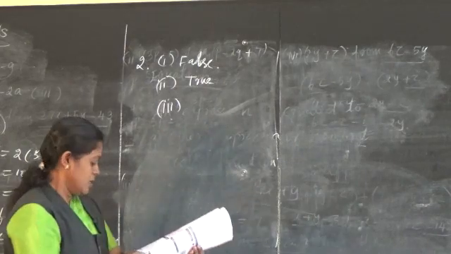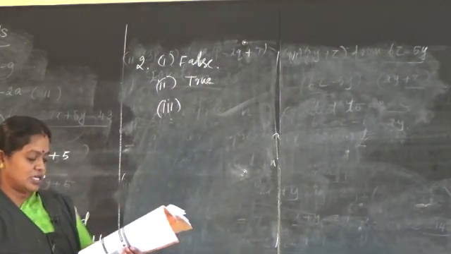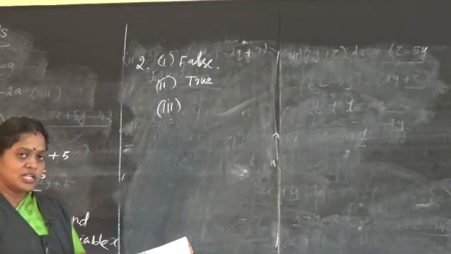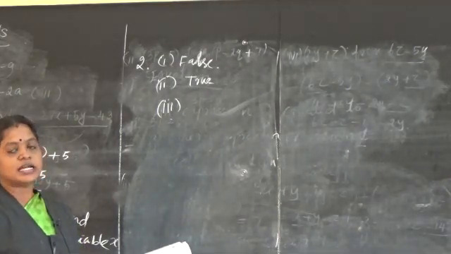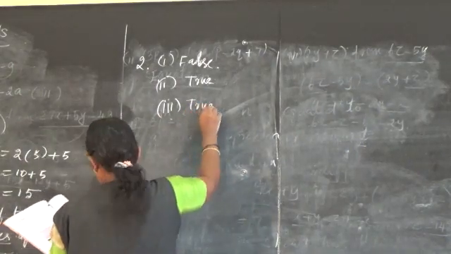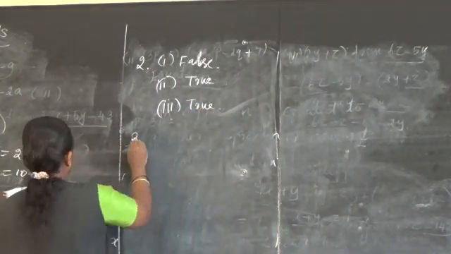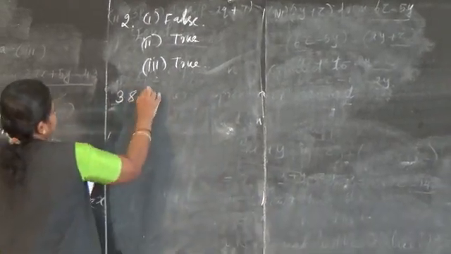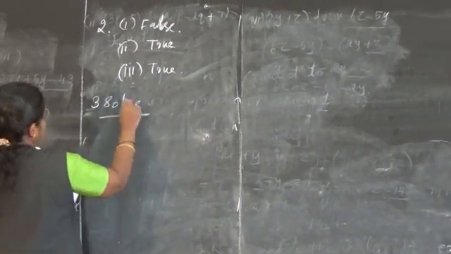The third one, to add two like terms, their coefficients can be added. That you know very well. We can add only like terms, and that time we are adding coefficients. So answer is true. Come to the third one, solve. We have to solve the equations.